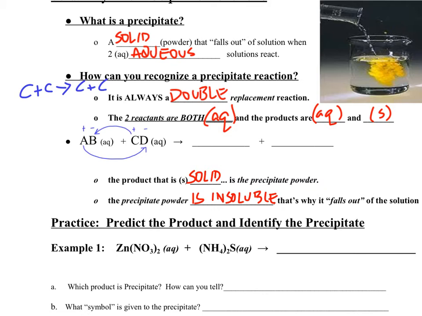What ends up happening is I get product AD and product CB. These are fictitious elements or compounds. If a precipitate is formed, one of them is going to be aqueous and the other a solid, and the solid is always your precipitate.